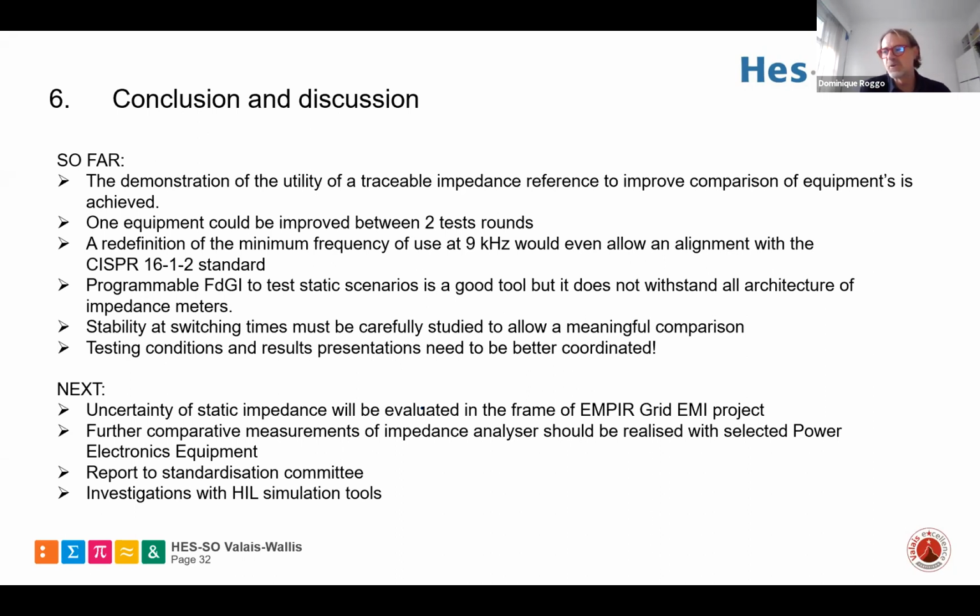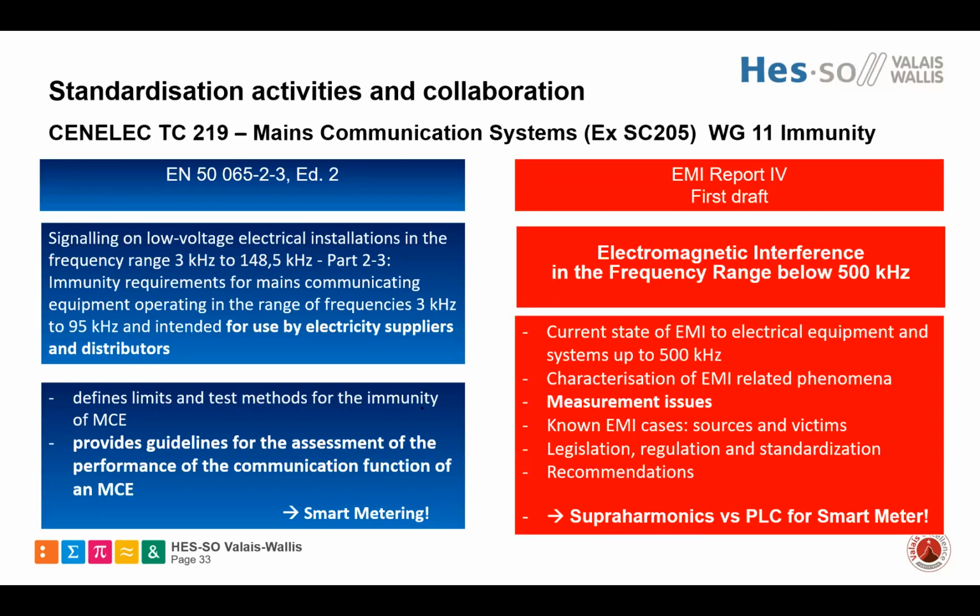We can also include further impedance meters for those who are interested. And then maybe we will also involve hardware-in-the-loop simulation tools for the evaluations. I'm running a bit over time.